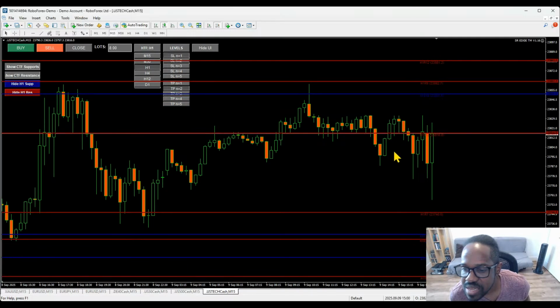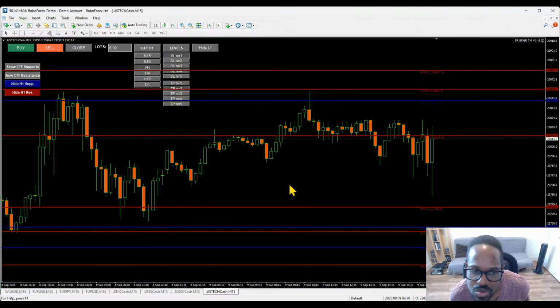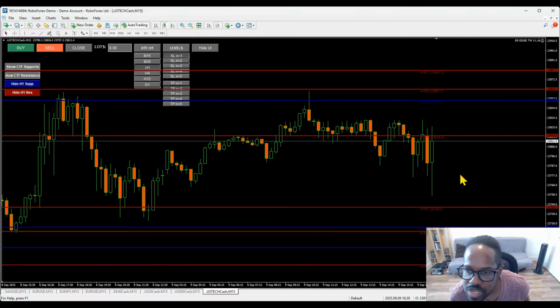Like I said, there was a fair value gap here at the bottom. If you look at the fair value gap edge on TradingView, you did have a fair value gap here. It may start to retest highs because there's some liquidity at the top, and then start to go down. But for now, it seems to be filling that bullish fair value gap, so it may start to go up.